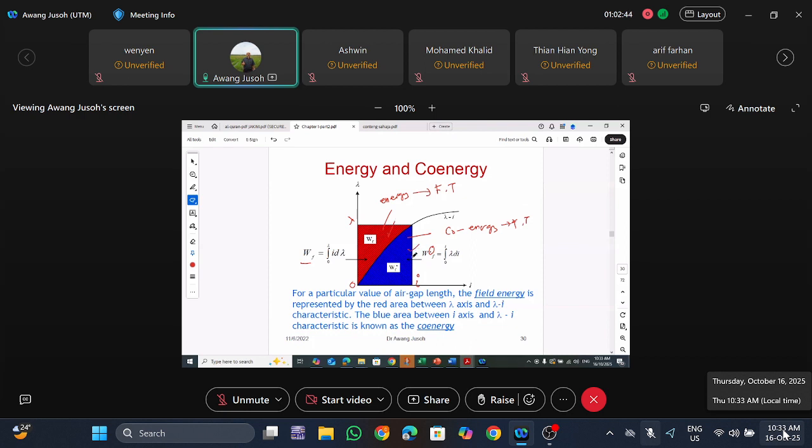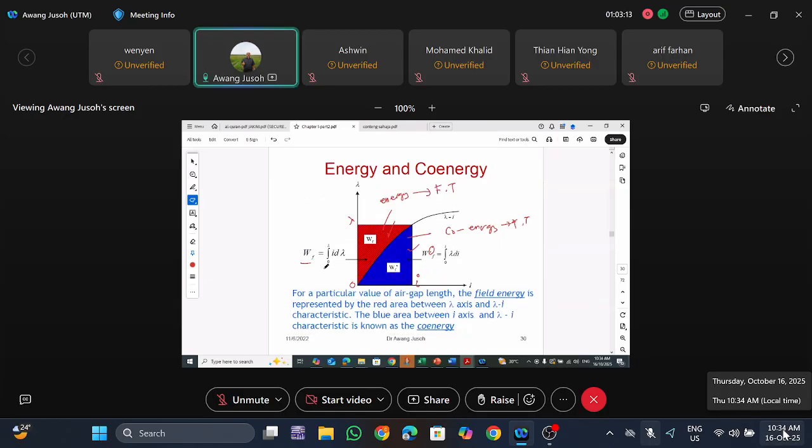But practically the real energy stored is the red color one. The blue color is not stored energy. It's just a way to calculate the value of force and torque later on. So we can use the normal one or the co-energy one. If the system is linear, the area is similar, so the areas should be the same between these two.